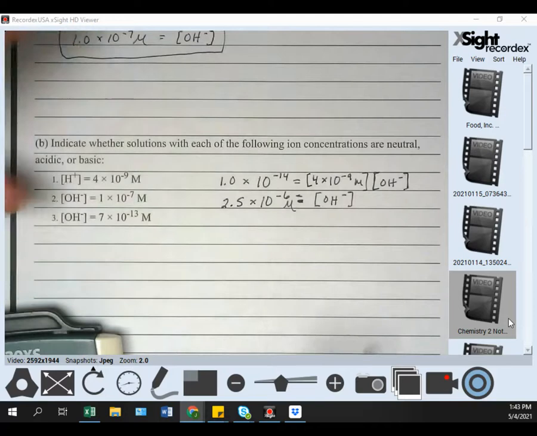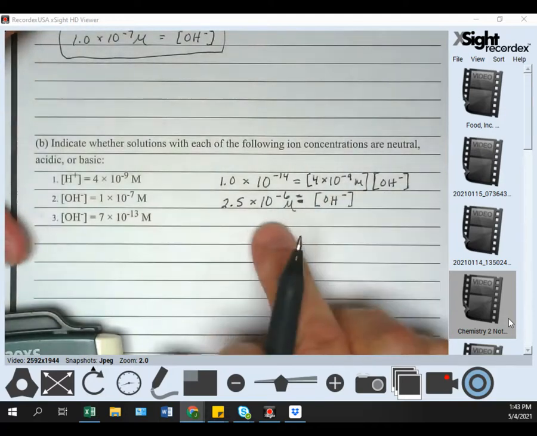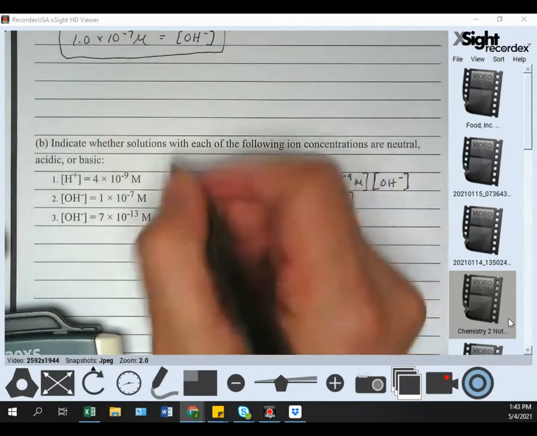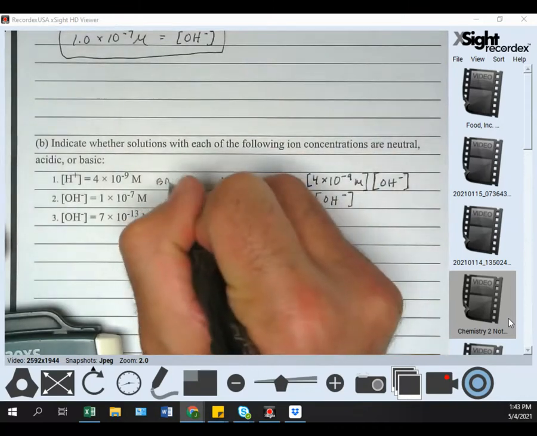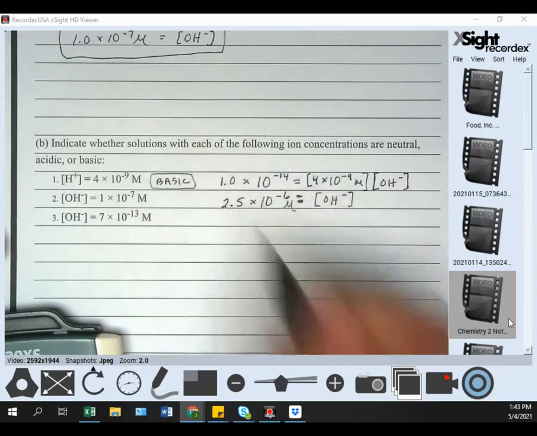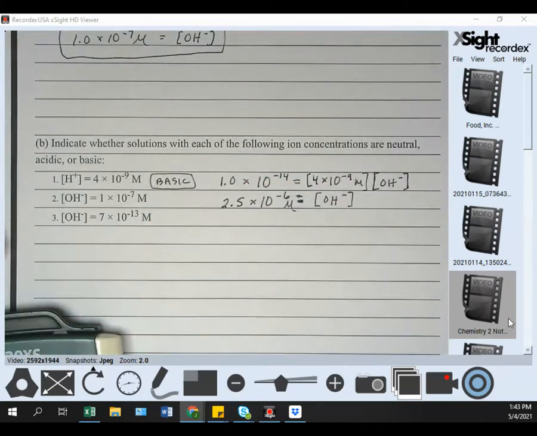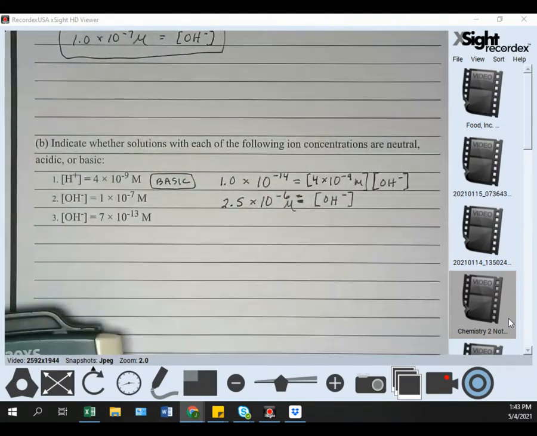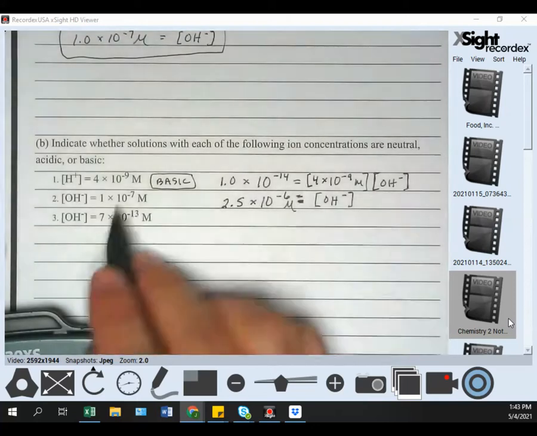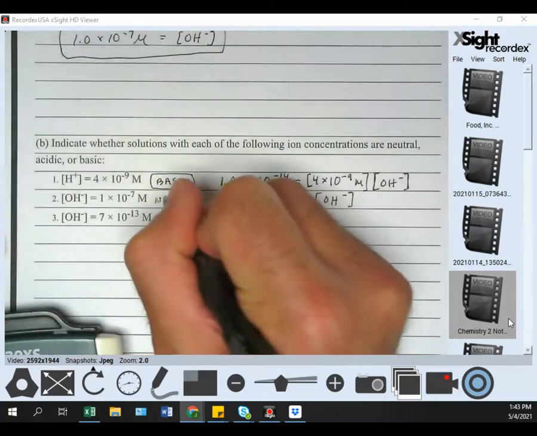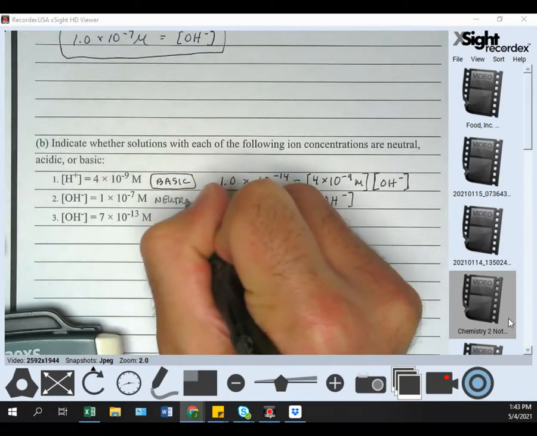I think, yeah, hydroxide. Hydroxide is greater. So number 1 is going to be basic. What about 2? So it's neutral, acidic, or basic? Yeah, good. Neutral, right? Because it's 1 times 10 to the negative 7th, automatically neutral. No work necessary.